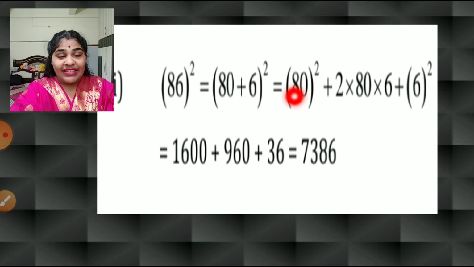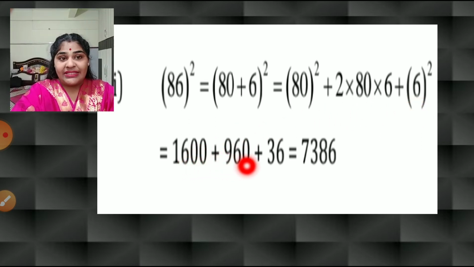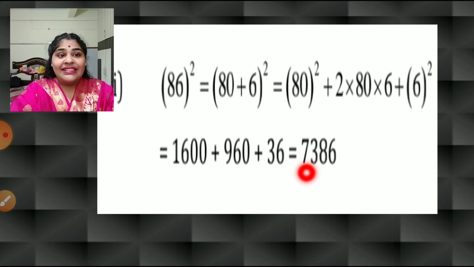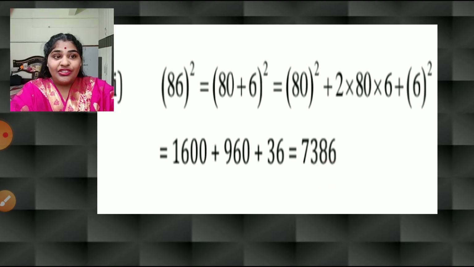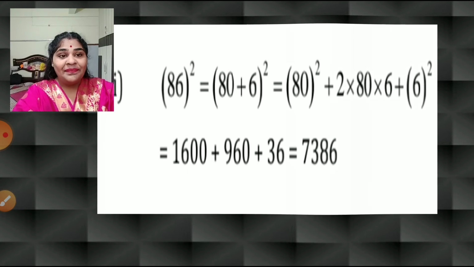So it is 80 square plus 2 into 80 into 6 plus 6 square, which is equal to 6400 plus 960 plus 36, which is again 7396. So this was very easy, children, right? One more is remaining. A few parts are remaining that you can do as homework. Try on your own.